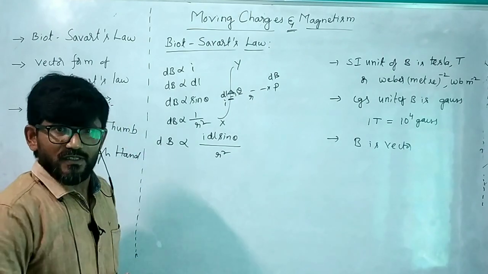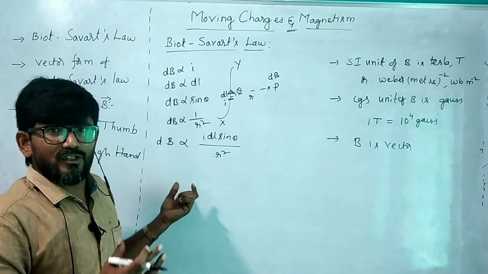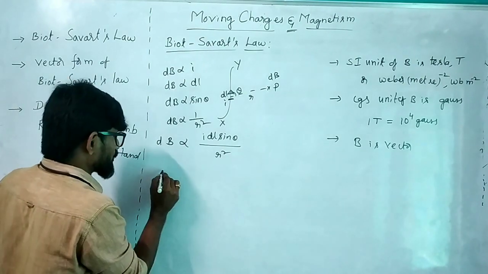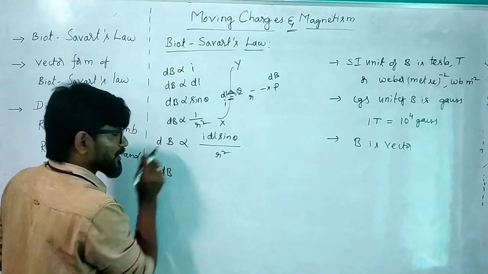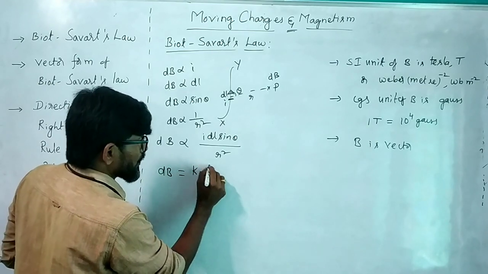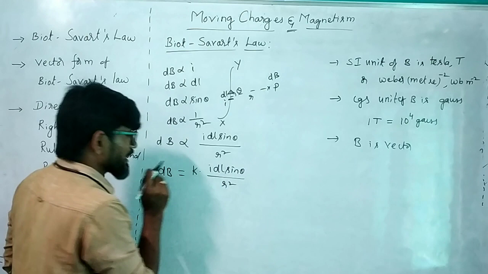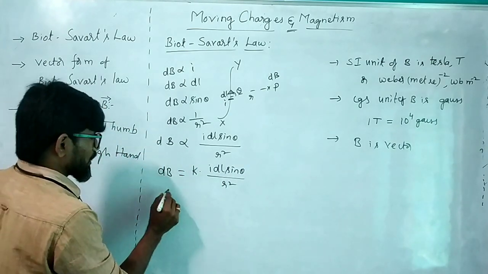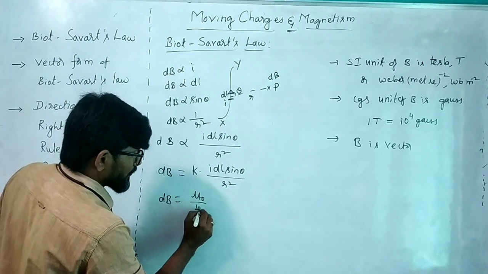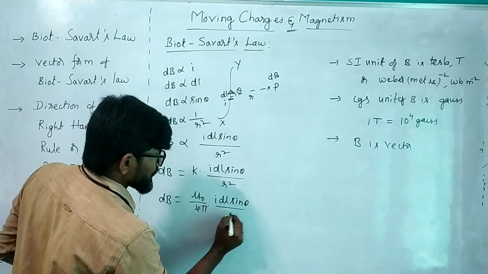And in physics, whenever you come across these equations, when you are writing an equation, you have to equate it. Instead of proportionality, if you write the equal to symbol, we have to replace this proportionality with a constant. We call it the proportionality constant k into I dl sine theta by r square. In this case, this proportionality constant is represented as mu naught by 4 pi into I dl sine theta by r square.